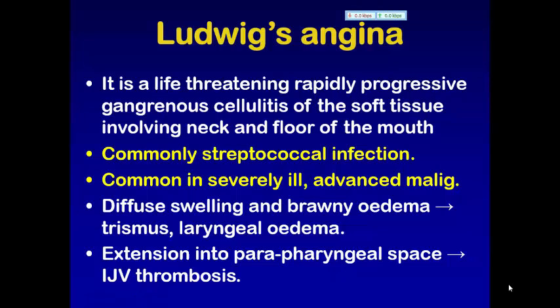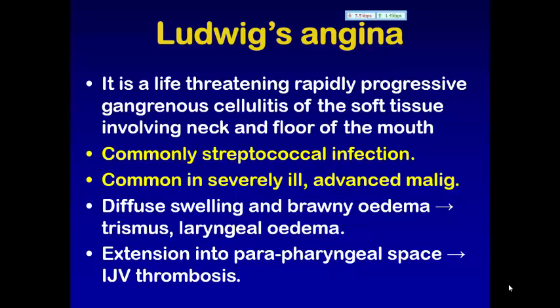Ludwig's angina is a life-threatening, rapidly progressive gangrenous cellulitis of the soft tissue involving the neck and floor of the mouth. So keep in your mind that it is a life-threatening condition. It causes diffuse swelling and browny edema of the submandibular region. So the characteristic feature is the browny edema in the submandibular region.